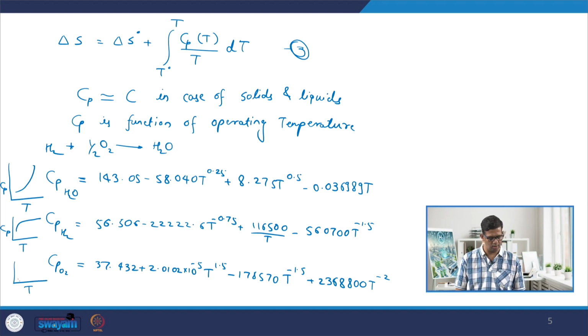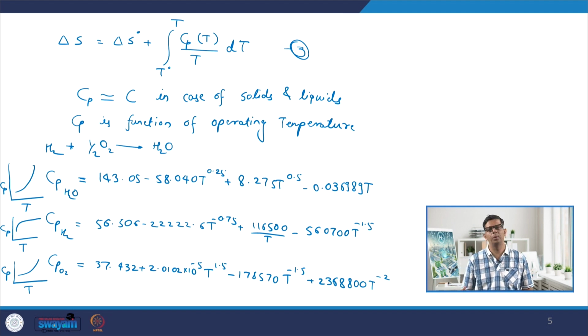In case of oxygen, it again goes just like in case of water, so it increases. So, we can plot this as and when we change the temperature, and we may expect similar graphs in case of water, hydrogen and oxygen.